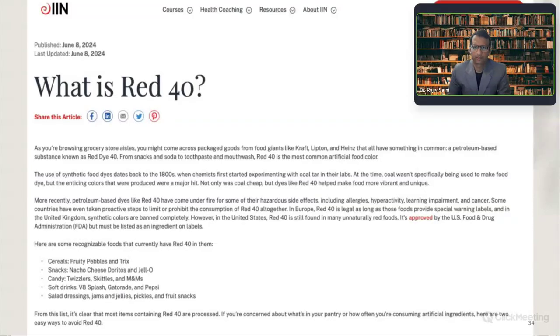Recently, the US government announced it would pull back cosmetics, food, and other items that contain Red 40. Red 40 is now considered a carcinogenic product, and it has been used in many oral care products for many years.